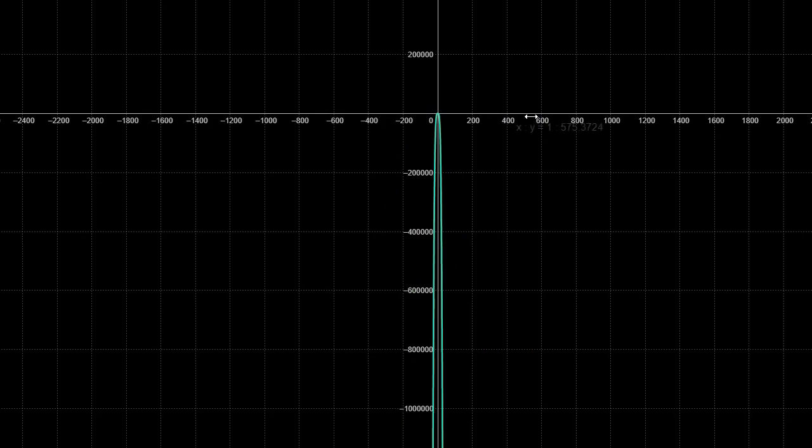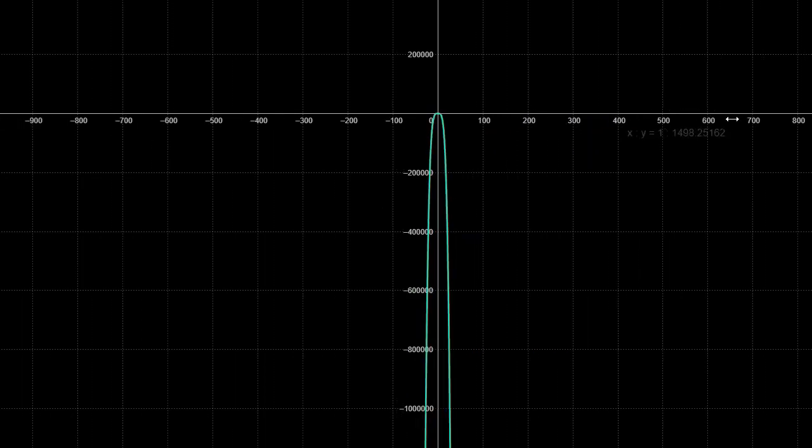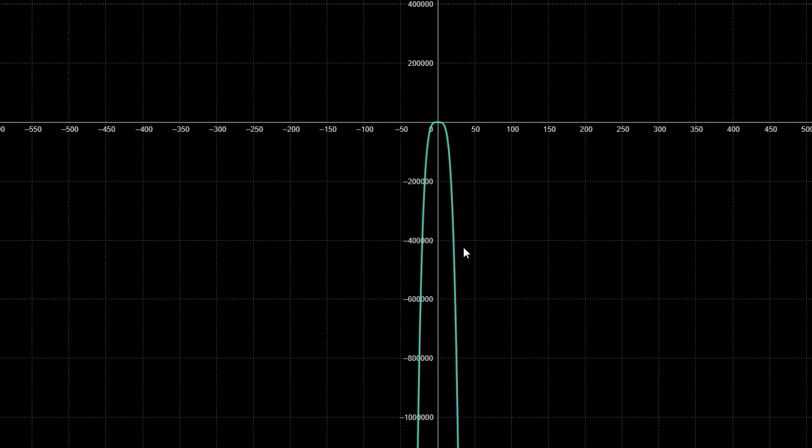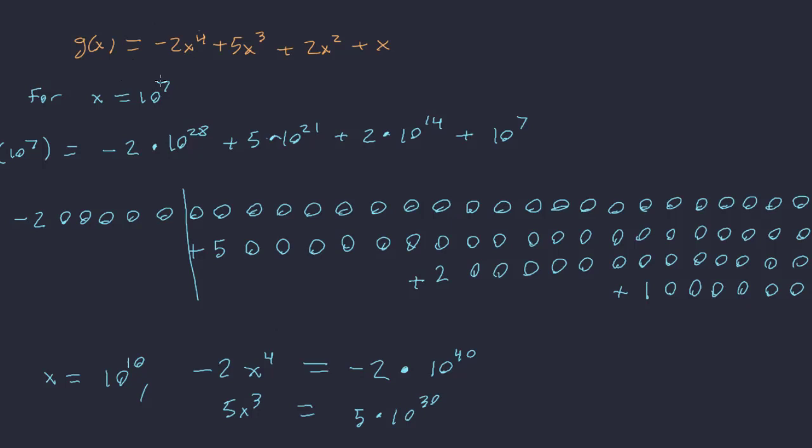If I zoom out, whoops, that's probably way too far. But as you can see, this in blue is just negative x to the fourth, and we now can't tell the difference between the two. And that's why. It's because as we go further, this negative 2 times x to the fourth totally outclasses everything else, and eventually the graph just looks like negative 2x to the fourth.